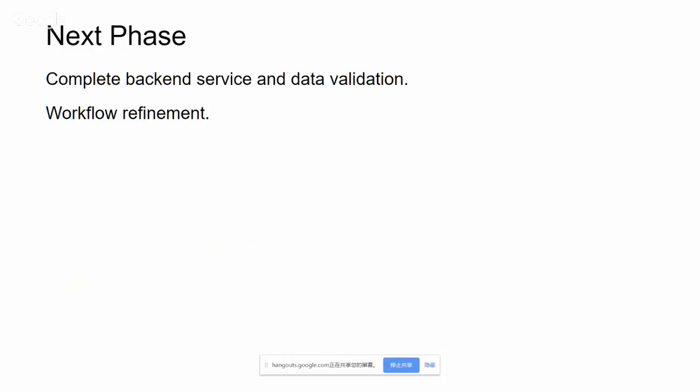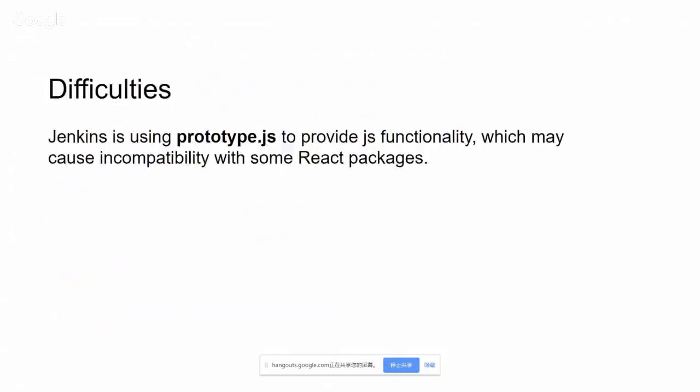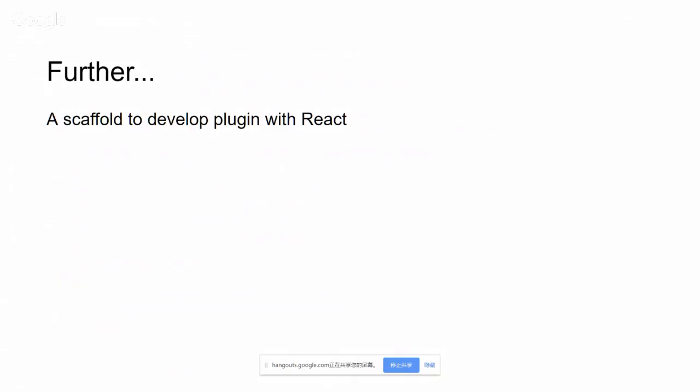We could also do workflow refinement, and for the things before, we could make a scaffold, maybe a boilerplate, or a more common way to develop a plugin with React. I think that will be kind of useful.